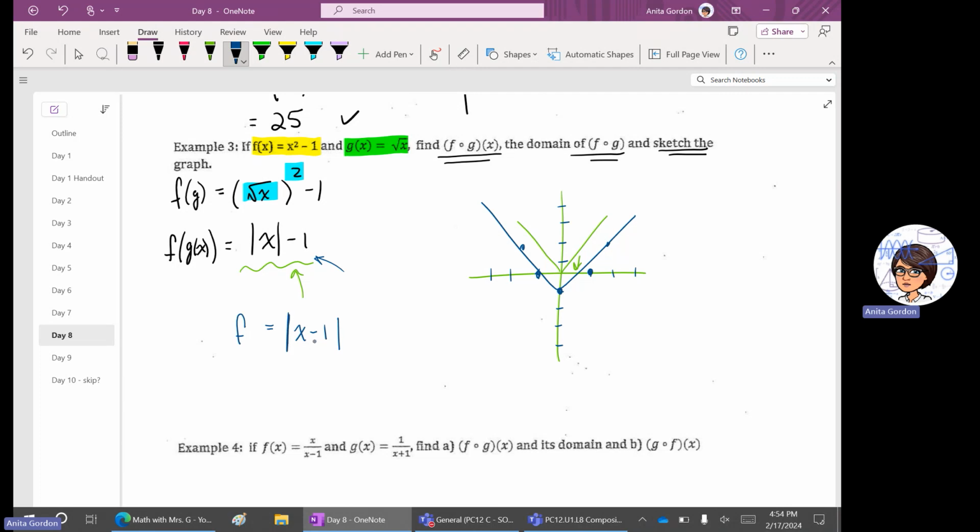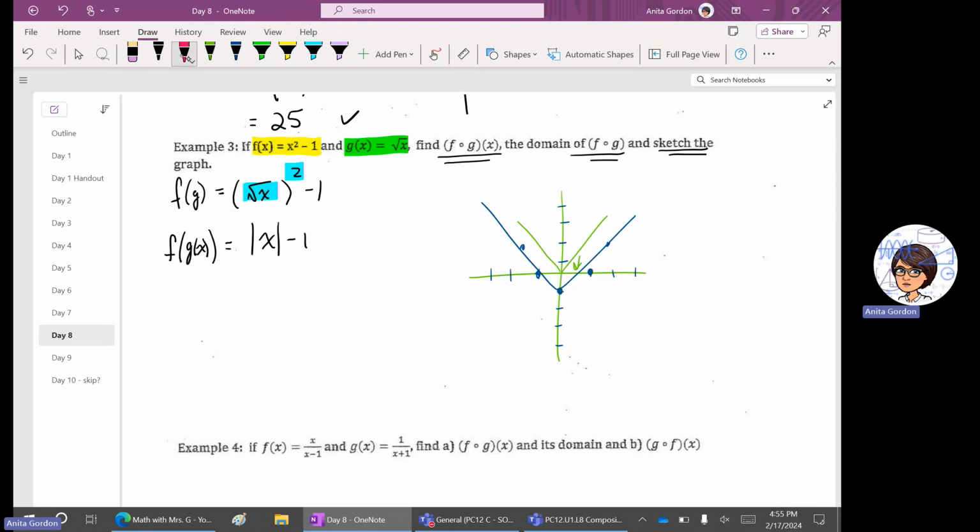Then this is telling me that I'm moving to the right, but I'm keeping the V. So that would look like this, right? Which is not what our function is saying. So the negative 1 is on the outside of the absolute value brackets. So that means we are shifting that V down.